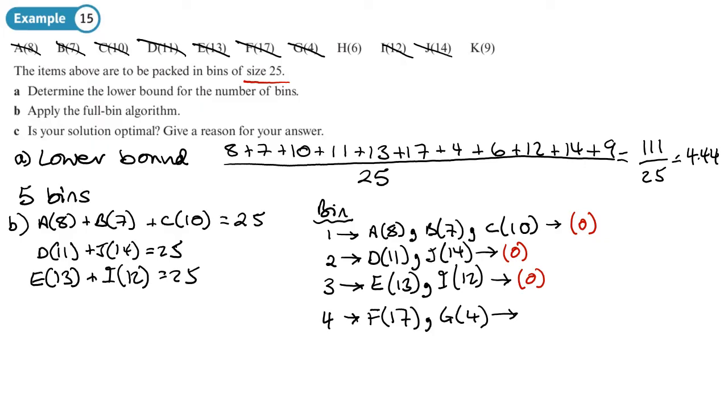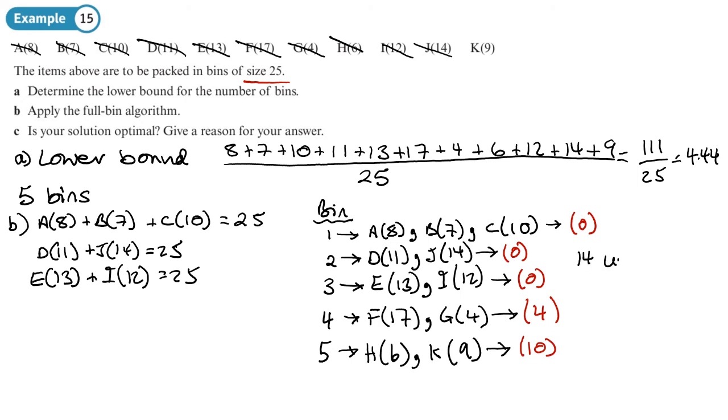So this has 4 units of wasted space. And then this one looks like the last bin. That's going to be H and K. So that makes 15. So that will give 10 units of wasted space. So we have 14 units of wasted space using 5 bins.